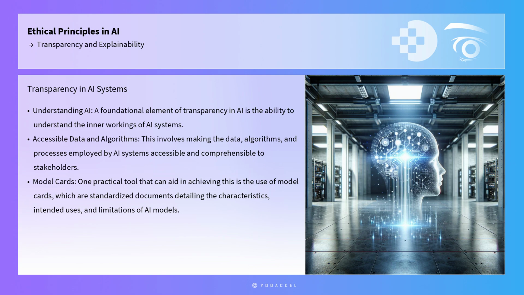One practical tool that can aid in achieving this is the use of model cards, which are standardized documents detailing the characteristics, intended uses, and limitations of AI models. Model cards help users understand the conditions under which an AI model can be expected to perform well and the scenarios where it may fail, thus promoting informed use and reducing the risk of misuse.